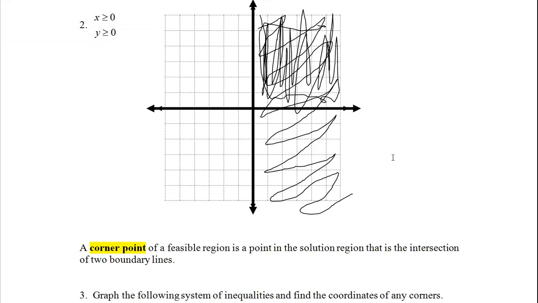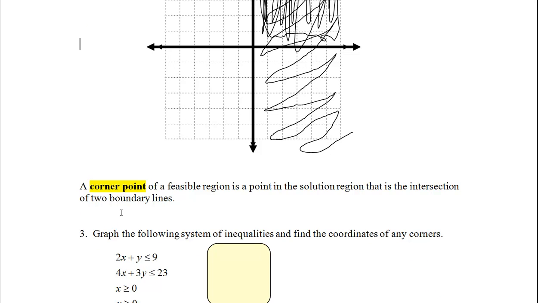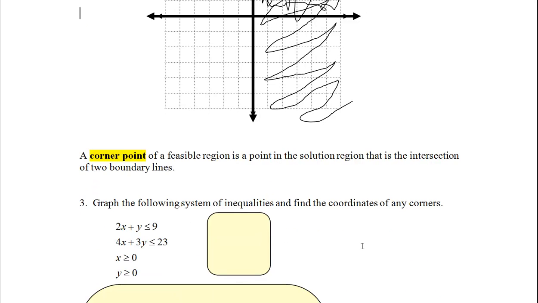Now, a corner point of a feasible region is a point in the solution region that is the intersection of two boundary lines. So let's see what's happening on this one. They want us to graph the following systems of inequalities and find the coordinates of any corners. Now, if you'll notice right here, I've got x and y greater than or equal to 0.